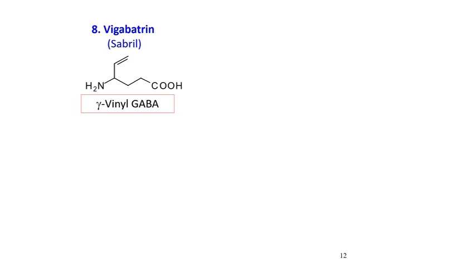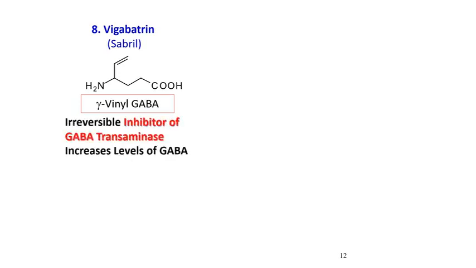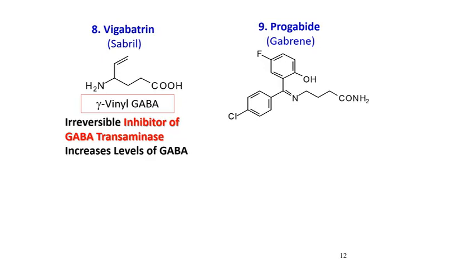Starting here, this is alpha, beta, gamma, where the gamma has the amino function and as well a vinyl function, and we can recognize the vinyl substitution even in the name of the derivative. It is potentiating the GABA effect by preventing its metabolism, and hence levels of GABA increase in the synapse.